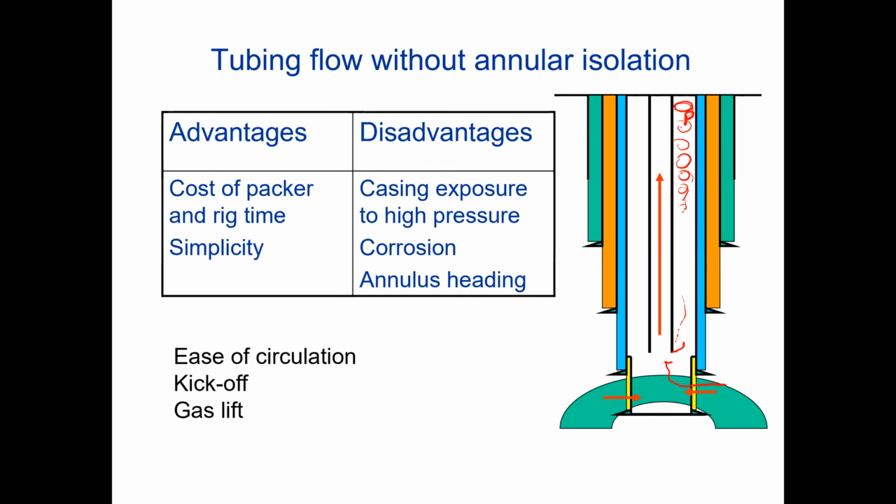Because as we move down, the pressure increases. As we move up, the pressure is reduced. So now you have the reservoir pressure here, which is fixed during production, so we know this.